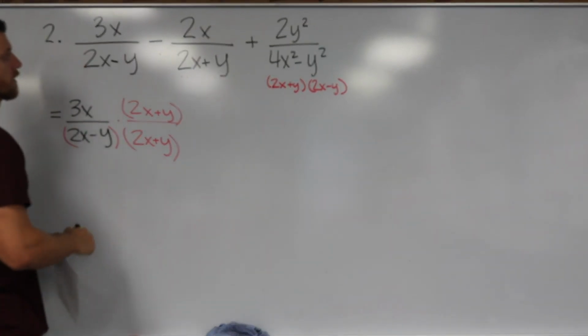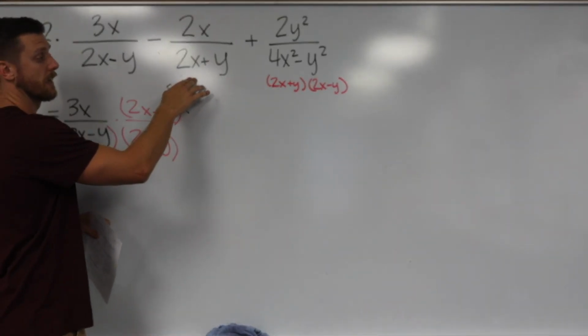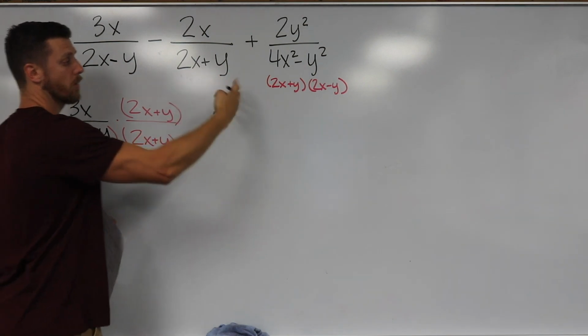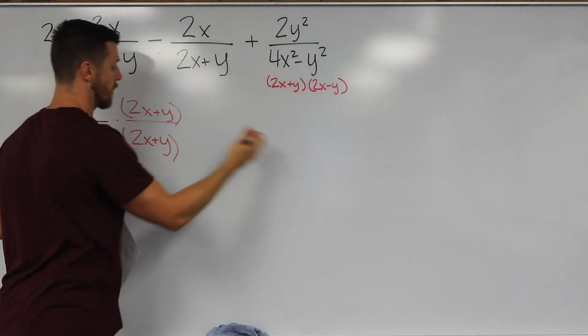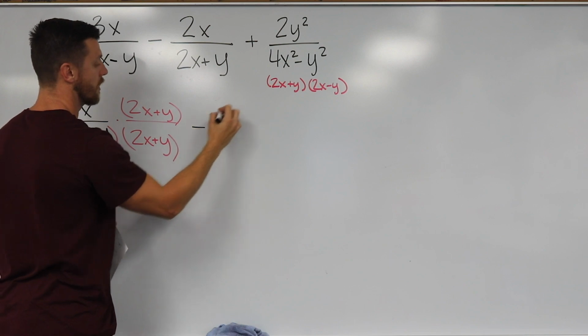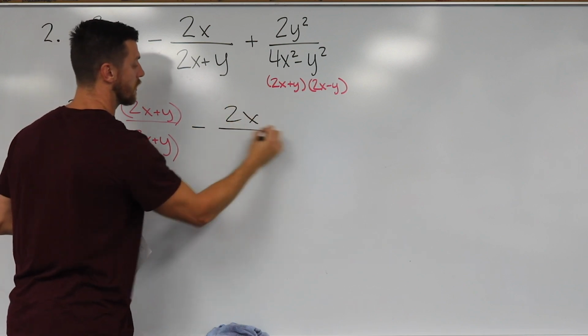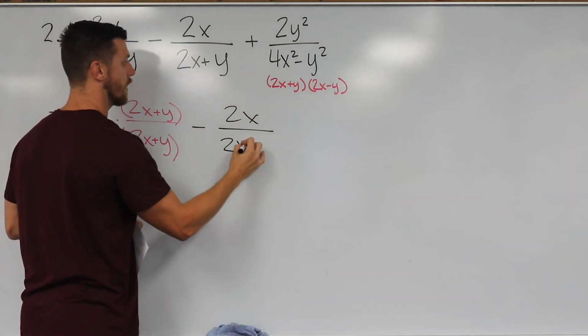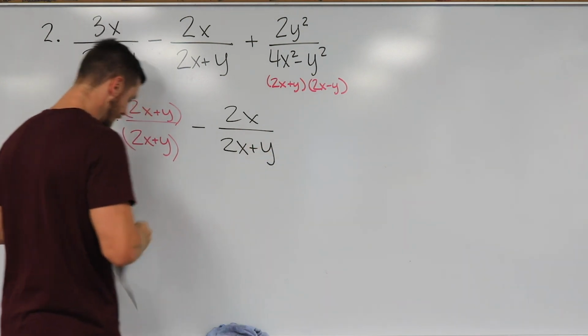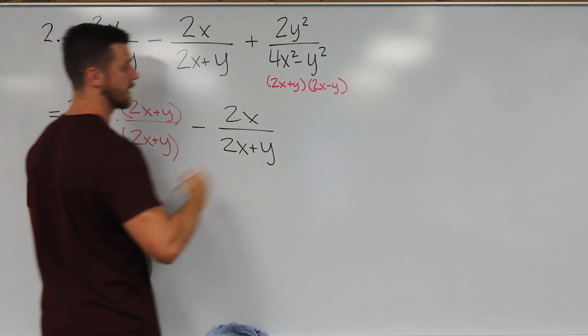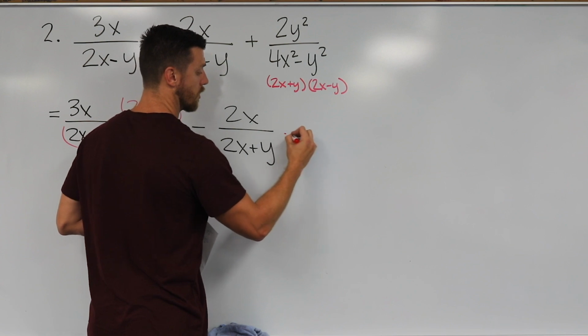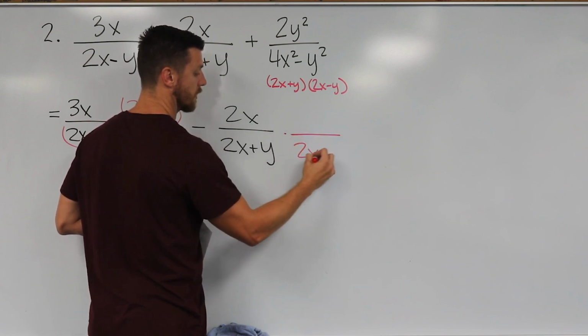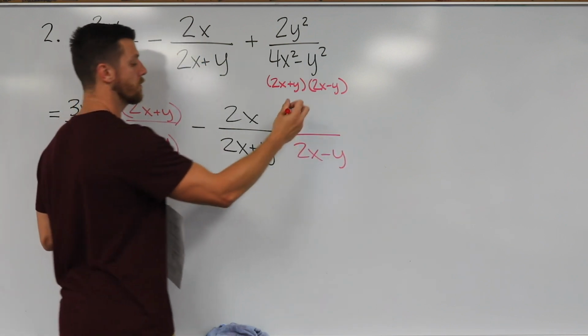This one is also missing part of the factors to get the least common denominator, so I have to put this minus sign here: 2x divided by 2x plus y. This one's missing the 2x minus y, but what you do to the bottom, you have to do to the top.